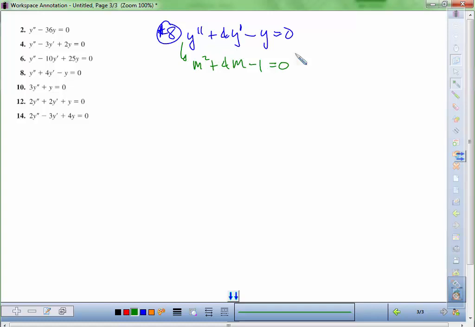We use the quadratic formula. m is equal to -4 plus or minus the square root of b squared, so 16 minus 4ac. c is -1, so that's going to change the sign here, and divide by 2a.